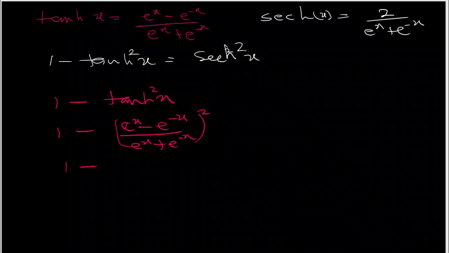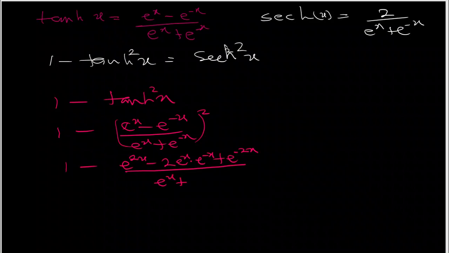Let's square the top: e power positive 2x minus 2 e power x multiplying e power minus x plus e power negative 2x all over e power x plus e power minus x all squared.